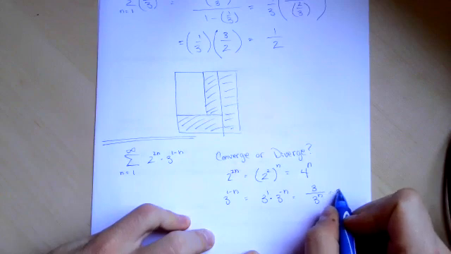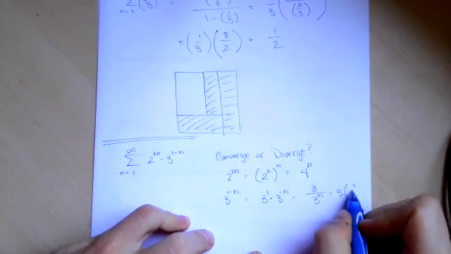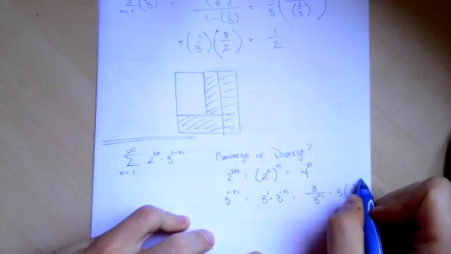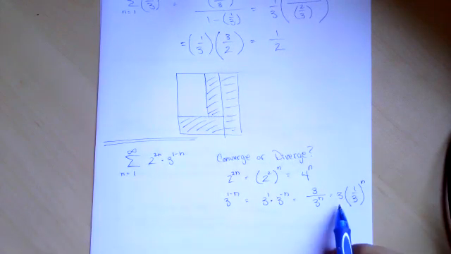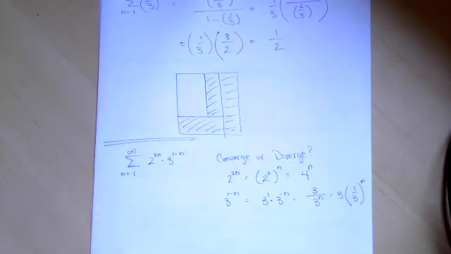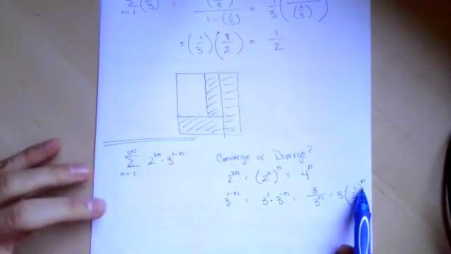Or in other words, it's 3 times (1/3)^n. And again, I have something to the n, constant out front, not a big deal. We like to keep those constants out front as long as I have something to the n now.